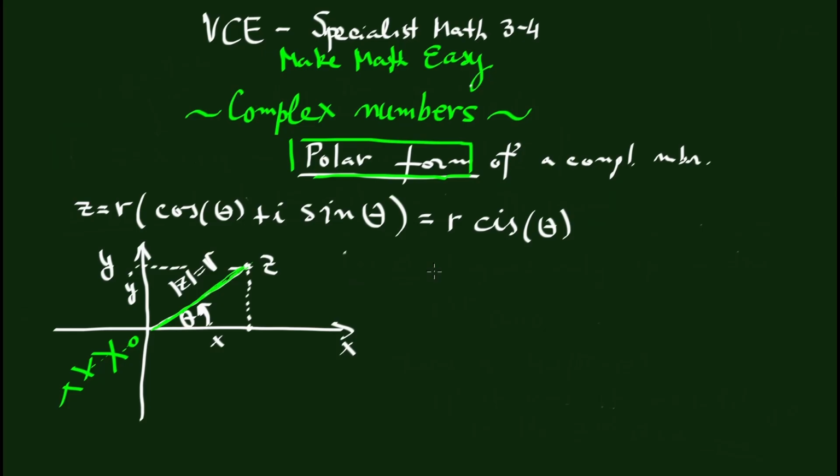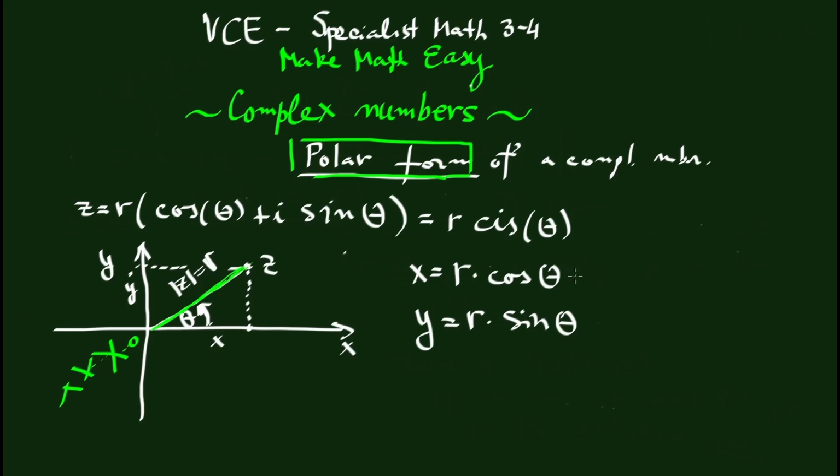So let's do an example. What you can see here is that x is r times cosine of theta, and y is r times sine of theta. So what's cosine?